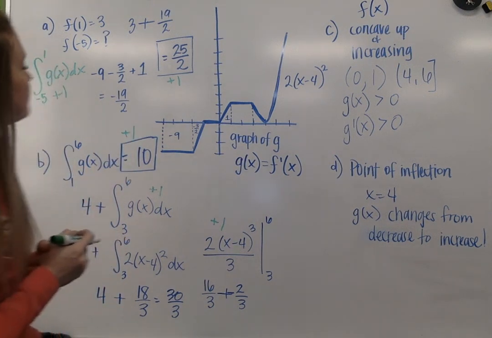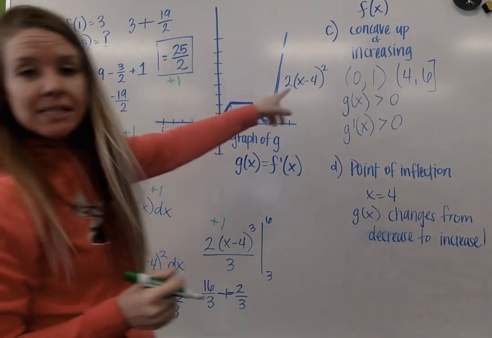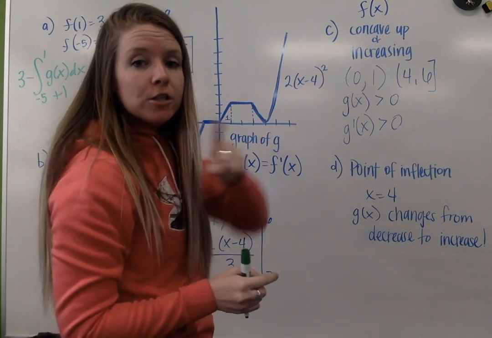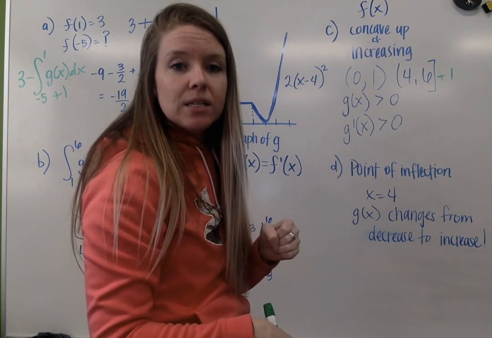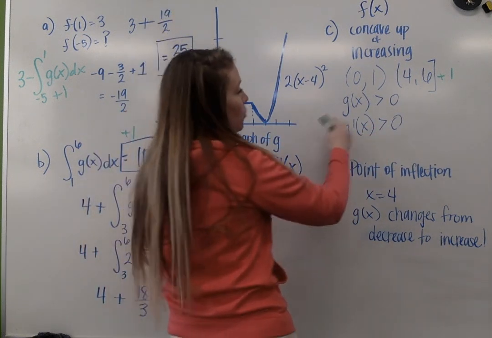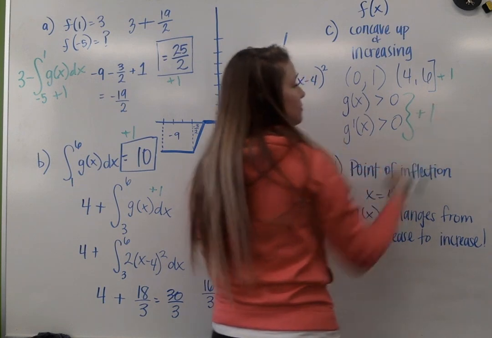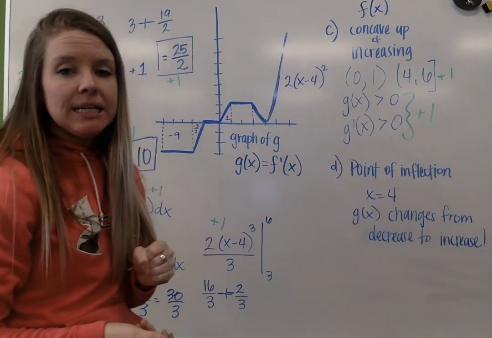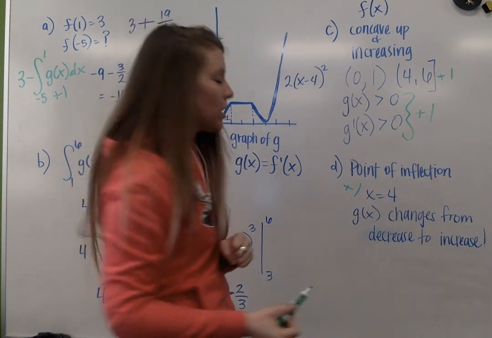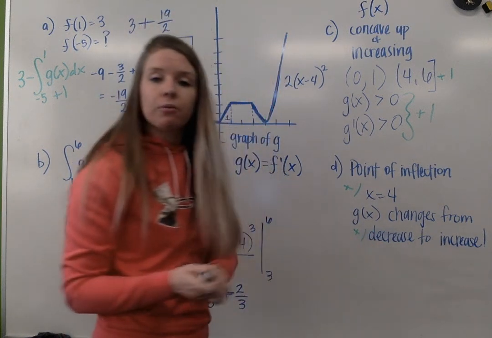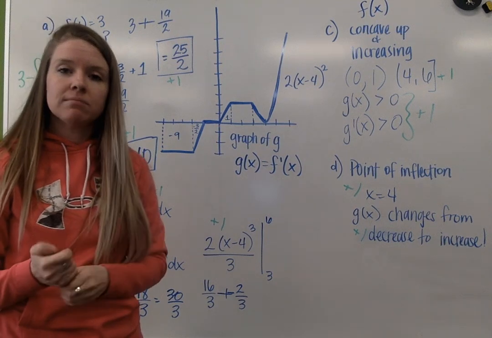Part C, we would have gotten our first point for our intervals, 0 to 1 and 4 to 6, and 1 point for our reasoning. And part D, we get 1 point for knowing that it's at x equals 4, and 1 point for our reason. And there's our 9 points.